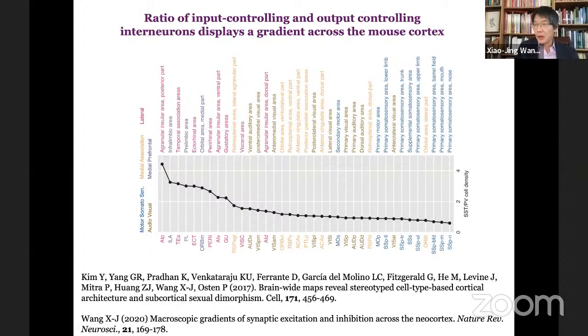Higher association areas, including prefrontal areas, show a higher ratio of input controlling to output controlling neurons than early sensory areas, as you would expect, since higher areas need more input control. This is what we call the macroscopic gradient of inhibition.